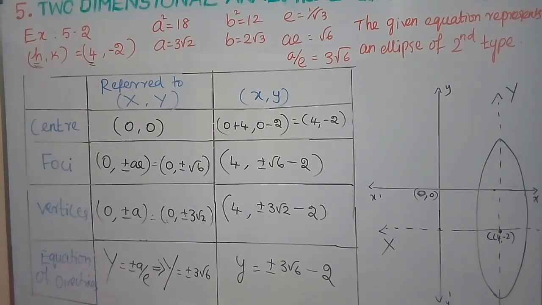On this diagram you can view the origin. Based on that origin, in this fourth quadrant, mark the center point first. And through that center point, just draw the capital XY axis, which is parallel to the small xy axis. Okay, and with 4 comma minus 2 as center, draw one ellipse of second type.